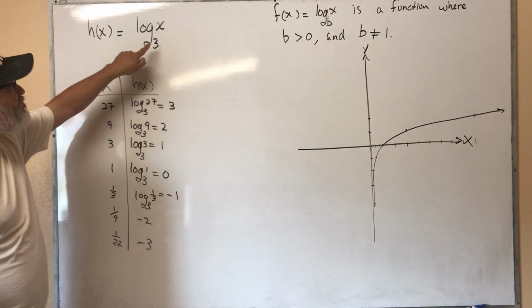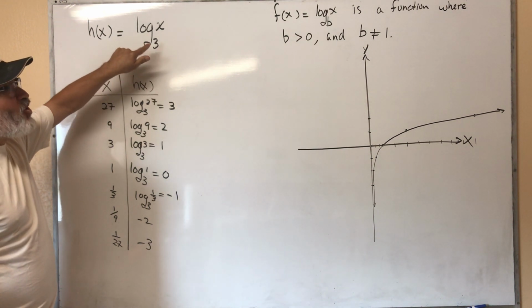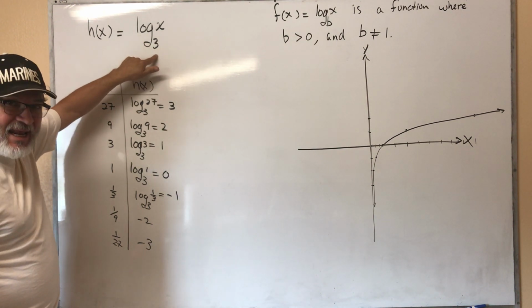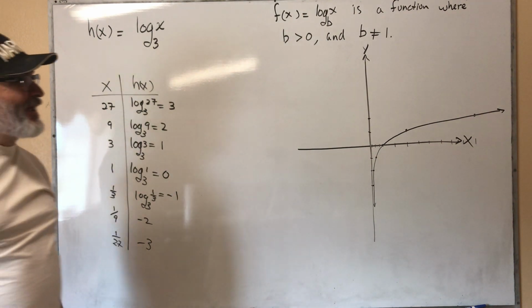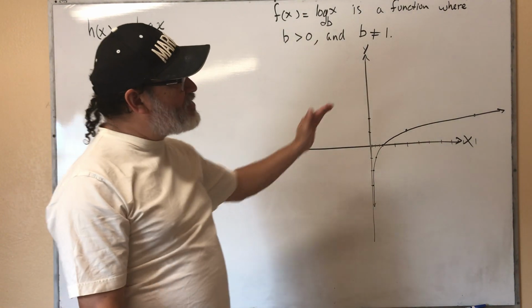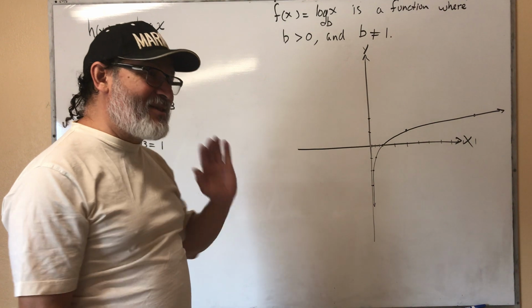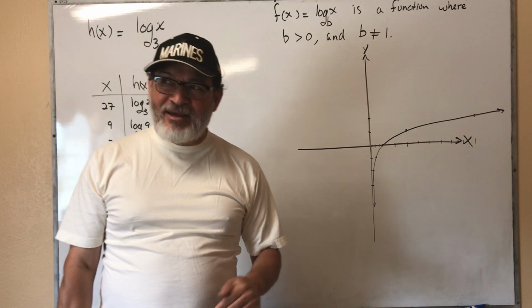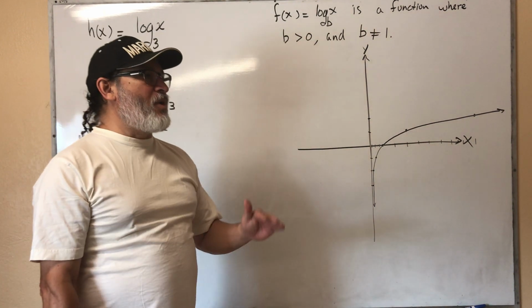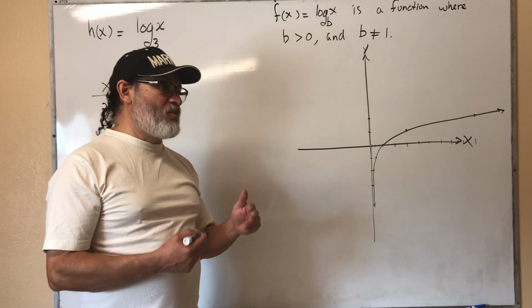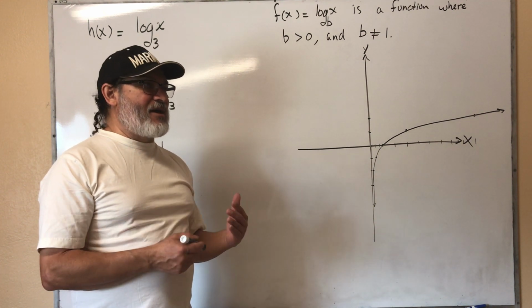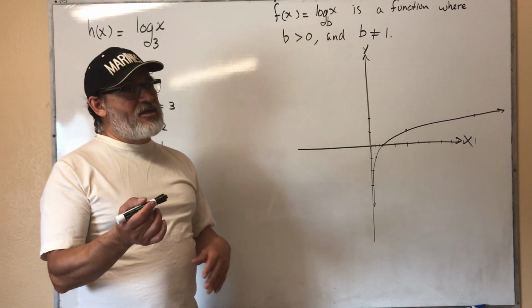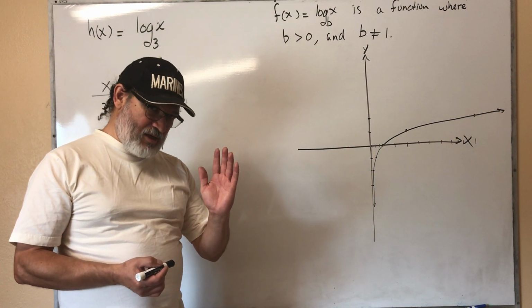Increasing because the base is greater than 1. That's why. Okay, increasing. Remember, the same thing happened with exponentials. When the base was greater than 1, f of x equals b to the x was increasing.